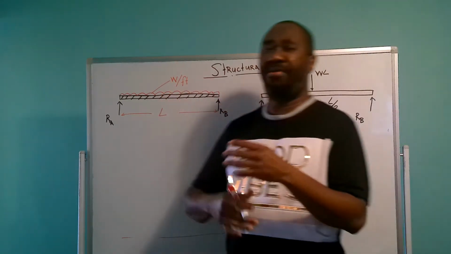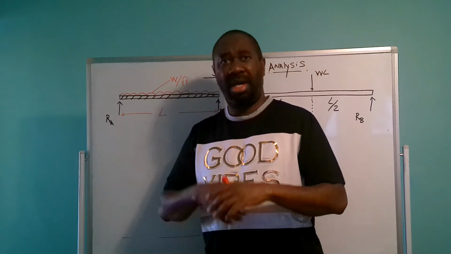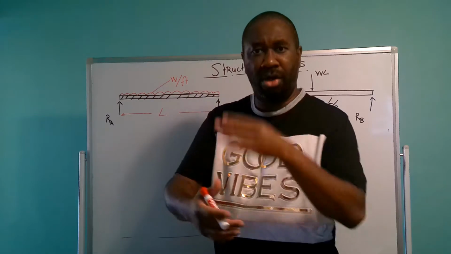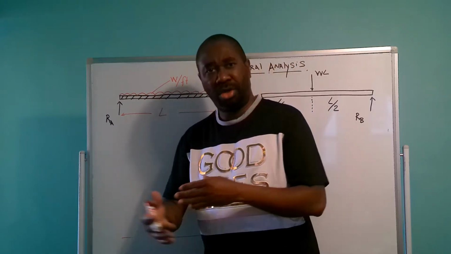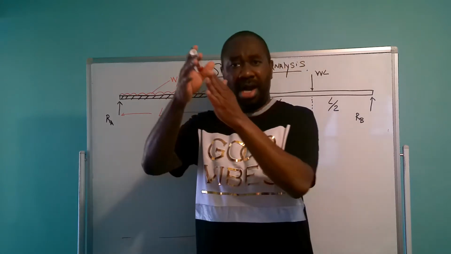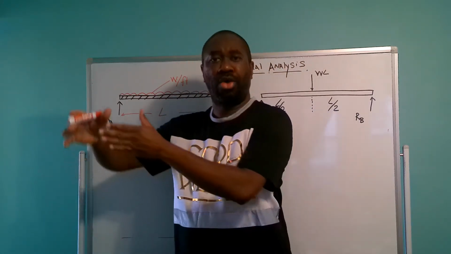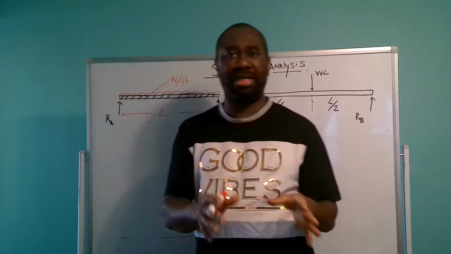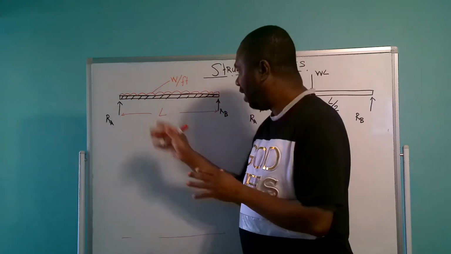A uniform distributed load is usually determined by the weight or the load per foot. So we take into consideration, for every foot, how much load or how much weight is attributed to that length.